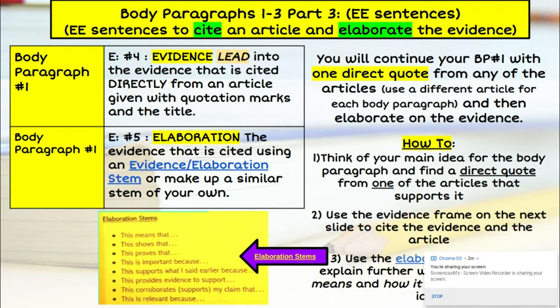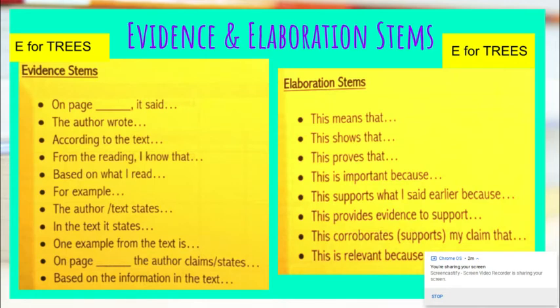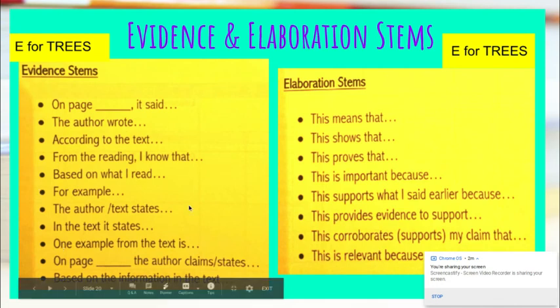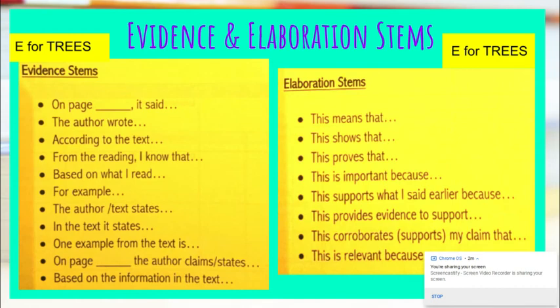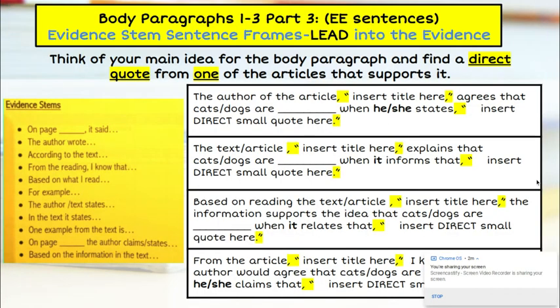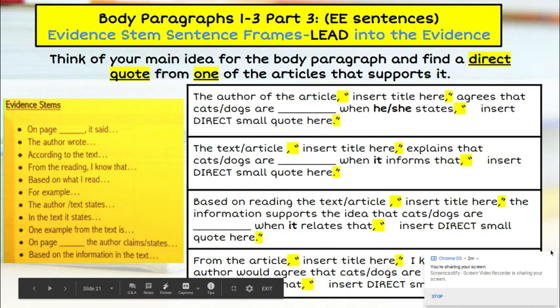We want to make sure that our text supports our main idea. So we're going to clearly use a sentence starter that will advance what we already have been using. These sentence starters do work and will give the evidence, but we're going to try these because these will help support your main idea.